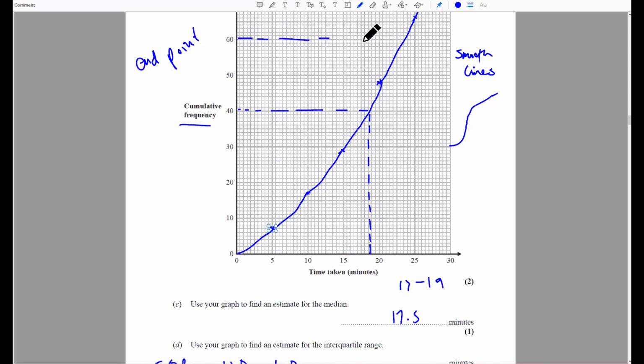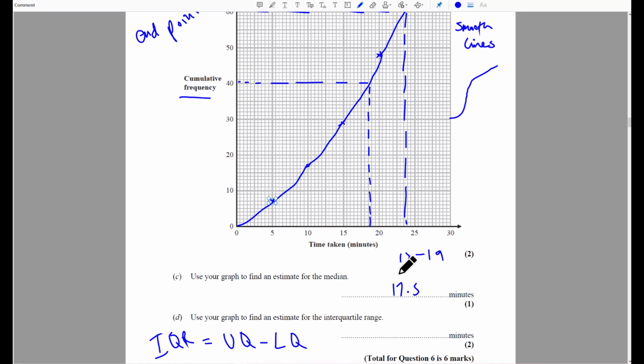Use your ruler. Okay, do a better dotted line than me.